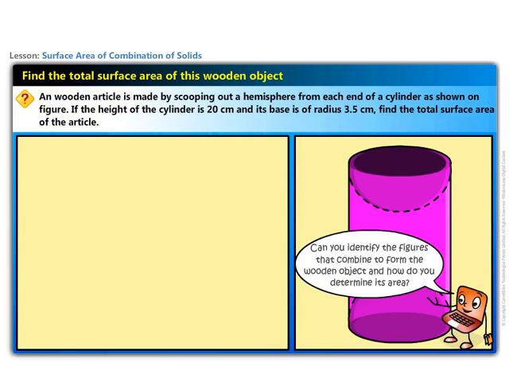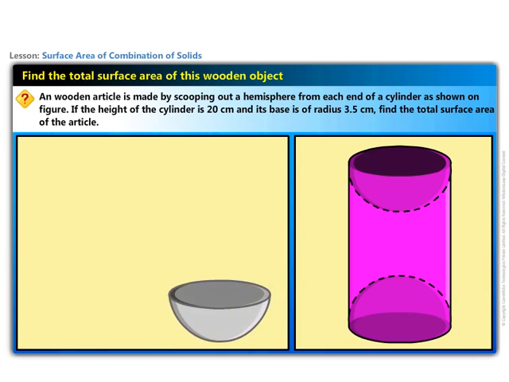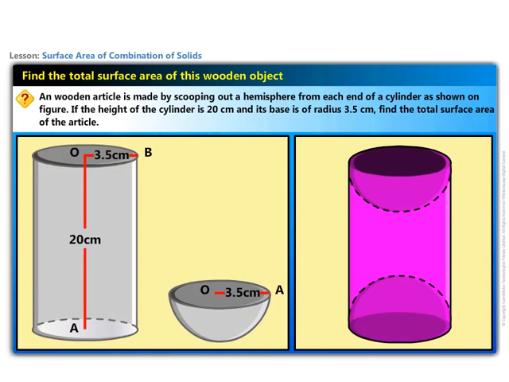Can you identify the figures that combine to form the wooden object and how you determine its area? Here, it is given that the height of the cylinder OA is equal to 20 centimeters, the radius of the cylinder OB is equal to 3.5 centimeters, and the radius of the hemisphere OA is 3.5 centimeters.